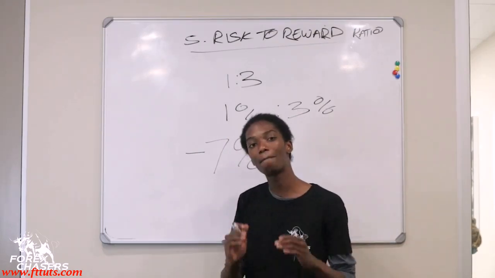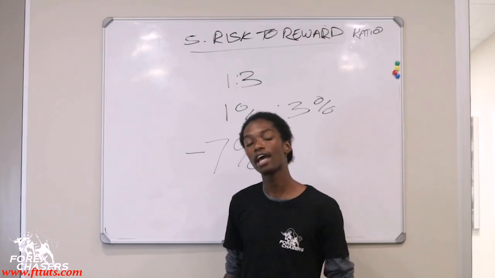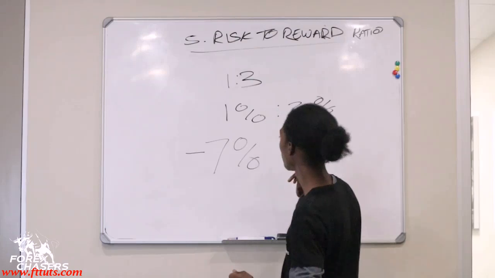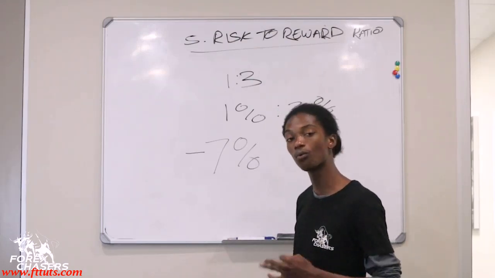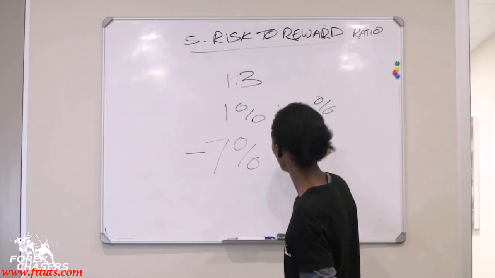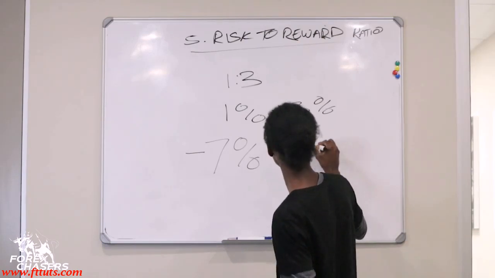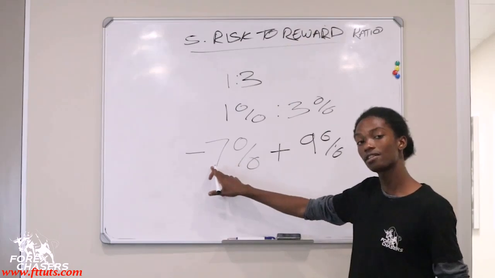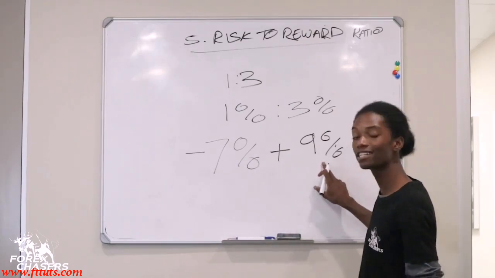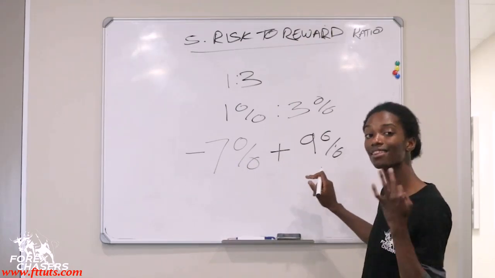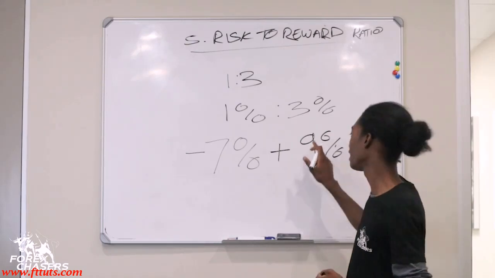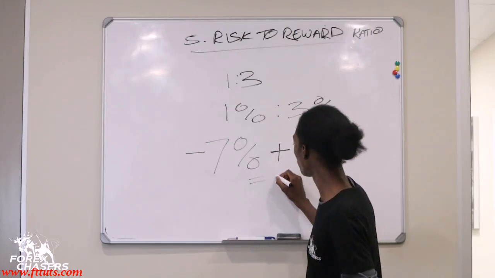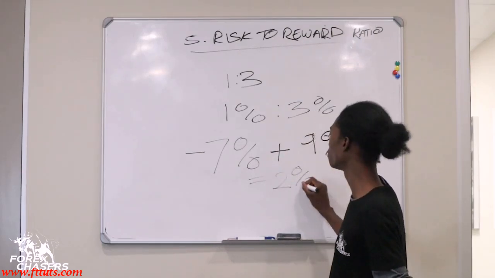So we're down minus 7% and we only win the last 3 trades. 3 times 3 is obviously 9, so by winning 3 trades, we have 9%. The 7% we lost plus the 9% we won equates to a positive return of 2%.